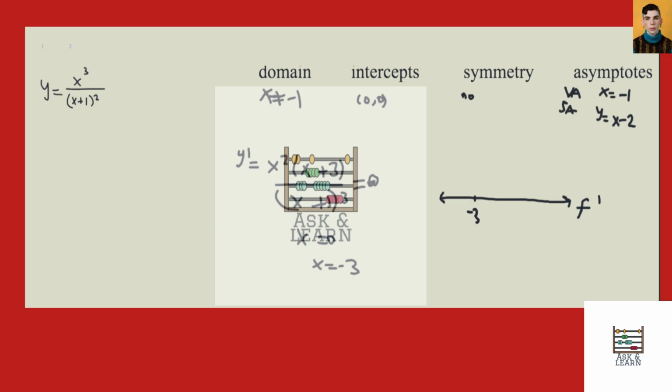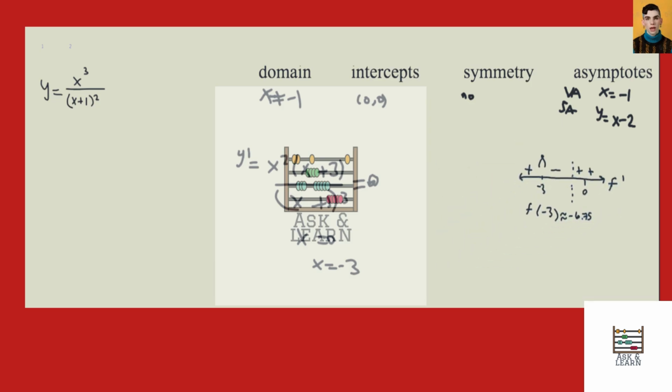Negative 3. Now let's say that's 0. And remember, we have an asymptote at x equals negative 1. So let's just say it's right there. All right, so it's going to be an increasing interval here, decreasing here, and then increasing here and here, making this a maximum value, local maximum value. F of negative 3 is going to be approximately negative 6.75. So that's it for the first derivative test.